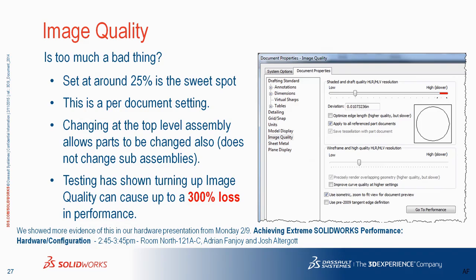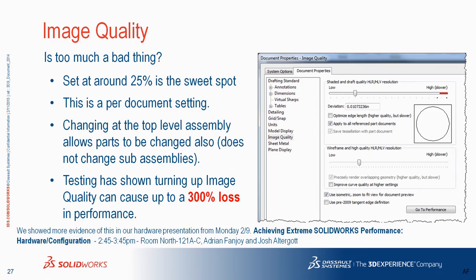Yes, sir? I have noticed, especially in older versions, that when you're doing drawings, if you have this set low, you will start to lose complex features in your drawing display. It absolutely can happen. He's saying if you have this set low in your drawings, you can lose complex features in the drawing.